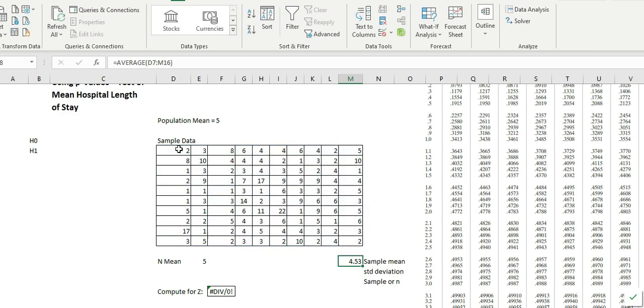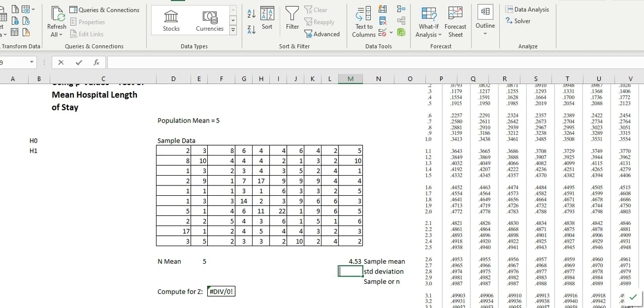So the average is 4.53. Am I right? Yep. So 4.53, that's the sample mean.